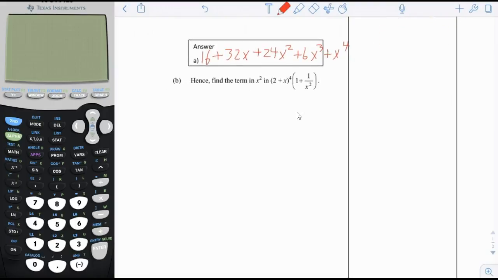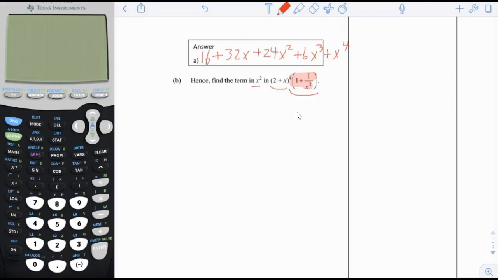Hence, find the term in x squared in (2 plus x) to the 4th times (1 plus 1 over x squared). So they want to know, if you multiply this binomial times this additional binomial, which is a different binomial, what is the coefficient for x squared, or what is the whole term for x squared?